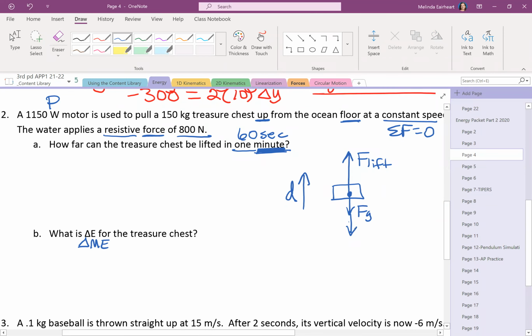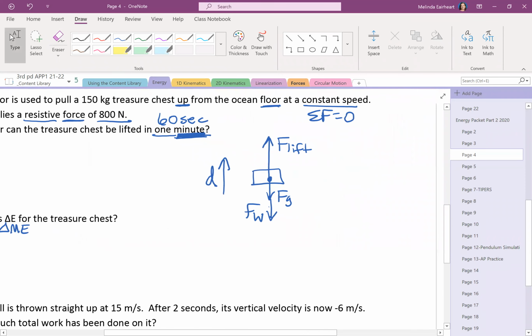And we're going to label it drag, resistance, or F_W, F water. That's going to be my choice today. But if you want to call it drag, that's fine. And so with that net force equaling 0, we know that the lift force is going to balance the sum of the gravitational force and the water force.